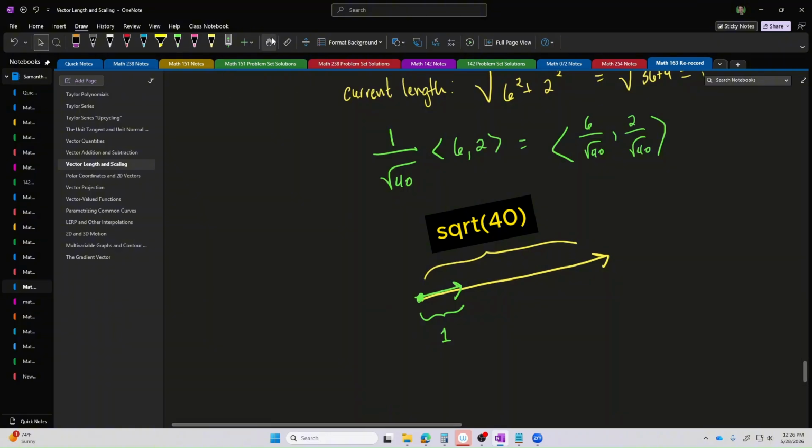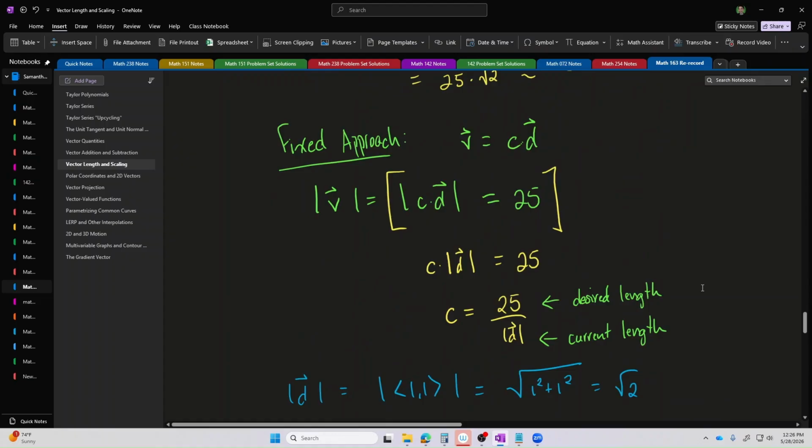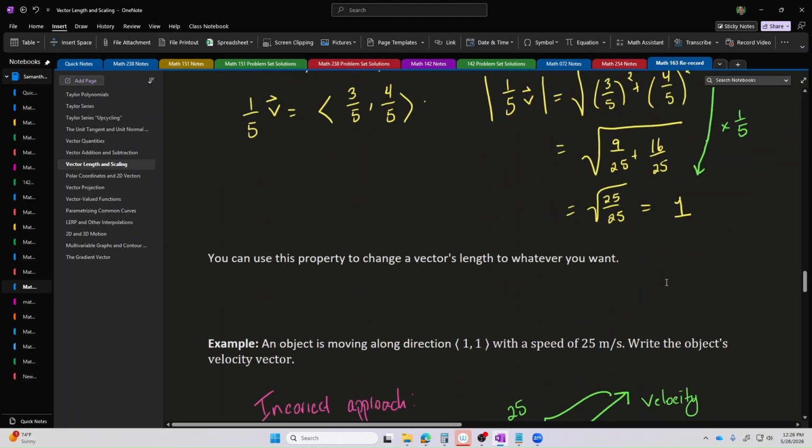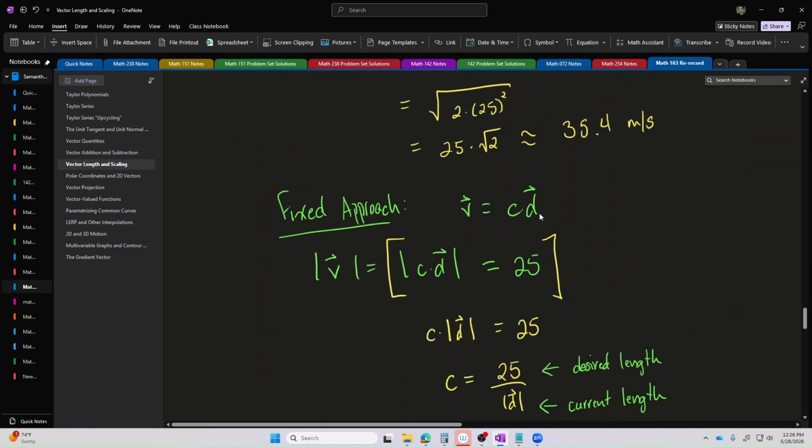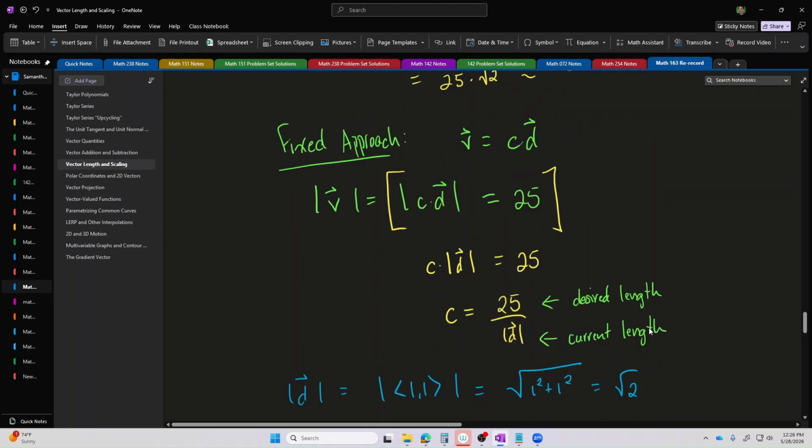So, to summarize, if you want to take a vector and change its length, then you can do that by applying a scalar multiple. Specifically, what scalar multiple should you apply to change a vector's length to some desired result?